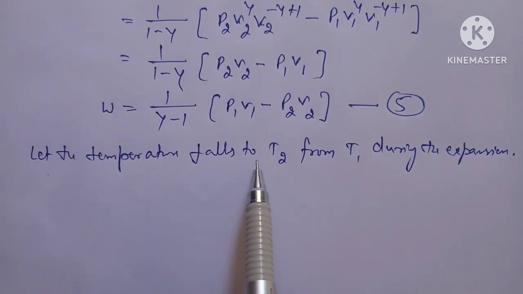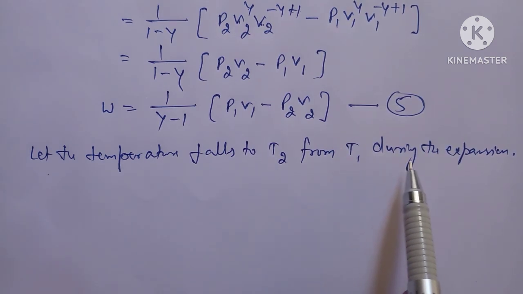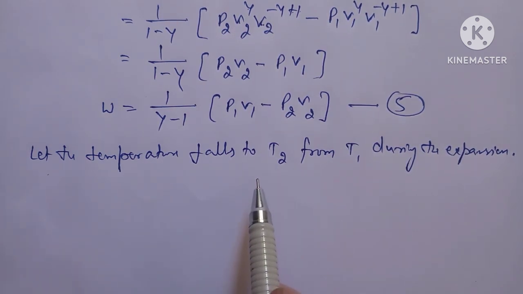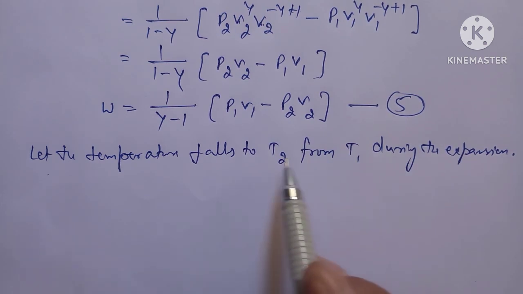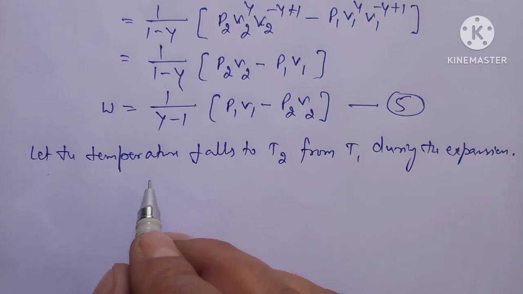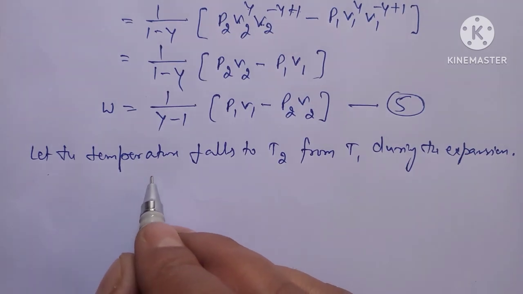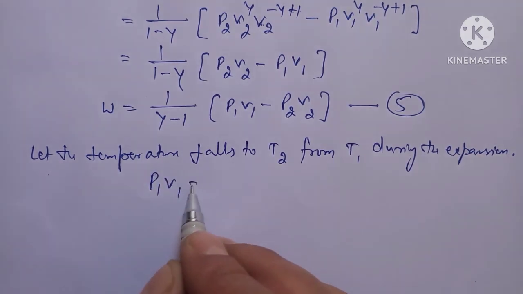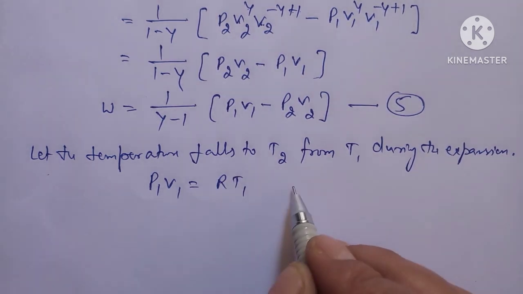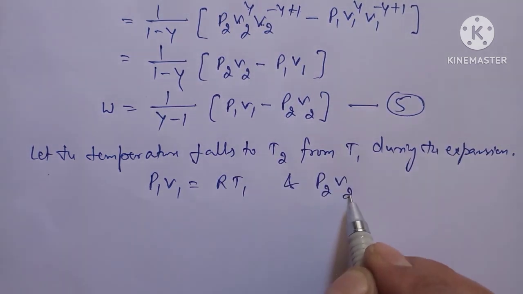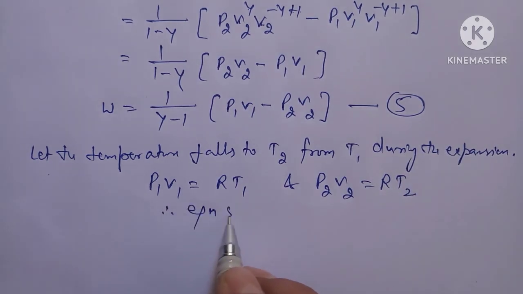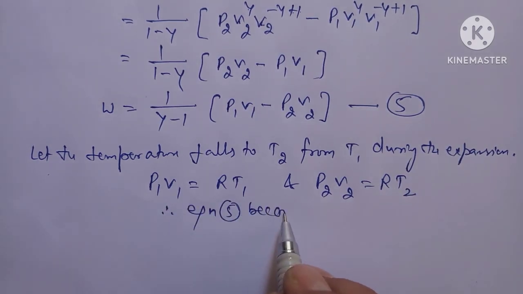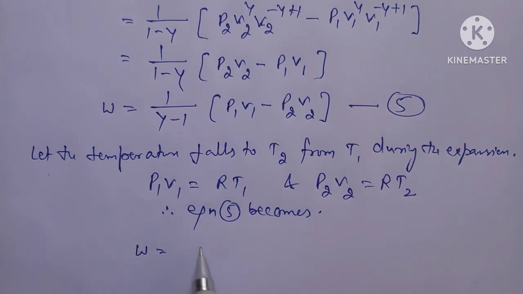Let the temperature fall to T2 from T1 during the expansion. When gas expands, the temperature falls. Suppose it falls from T1 to T2, then by using the ideal gas equation, P1 V1 is equal to RT1 and P2 V2 is equal to RT2. So equation 5 becomes work done equal to 1 over (gamma minus 1).